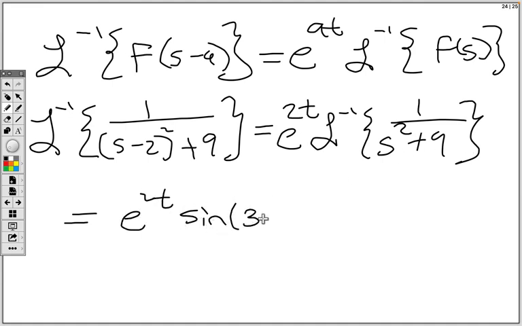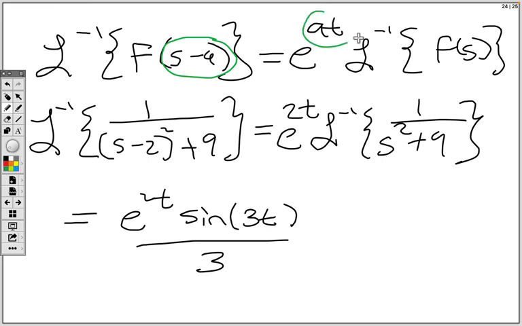But if I took the Laplace of sine of 3t, I'd have a factor of 3 come out. So to counteract that, I would have a denominator of 3. So you see how to identify this shift? This is one way to handle the shift.